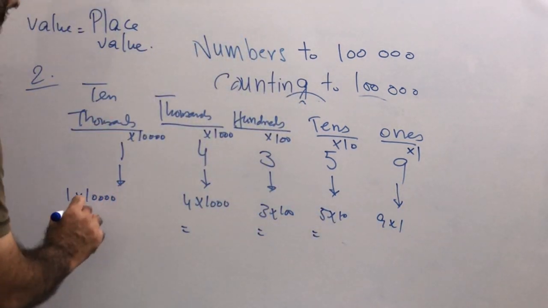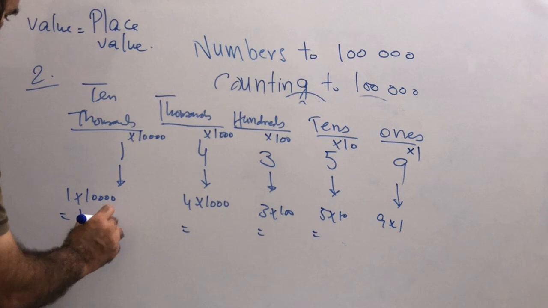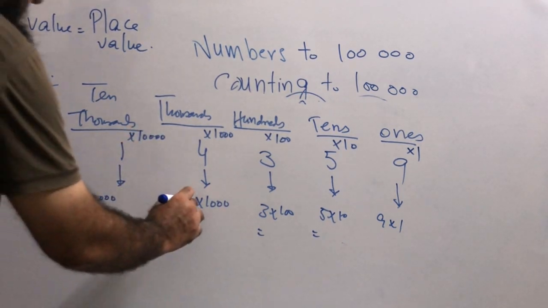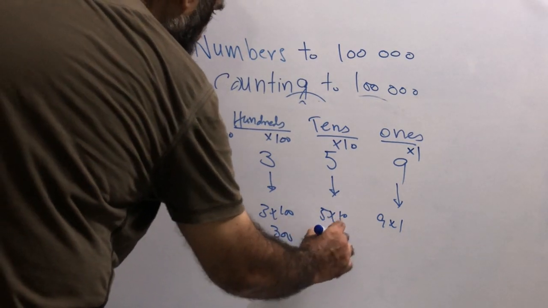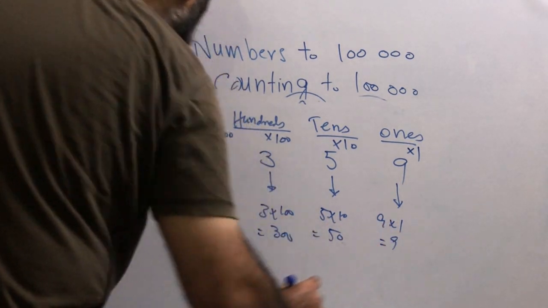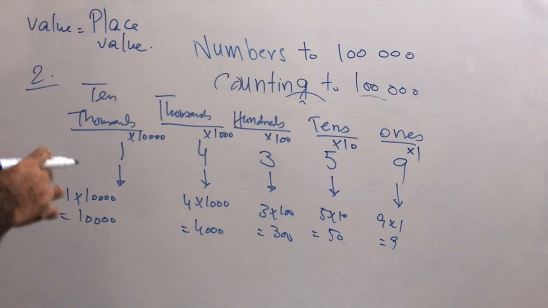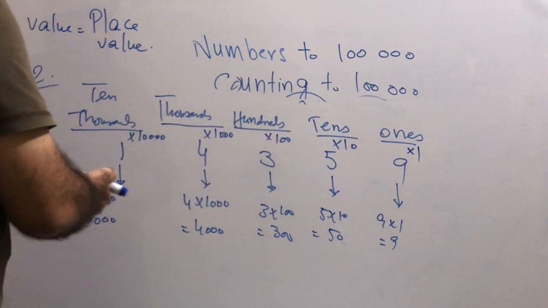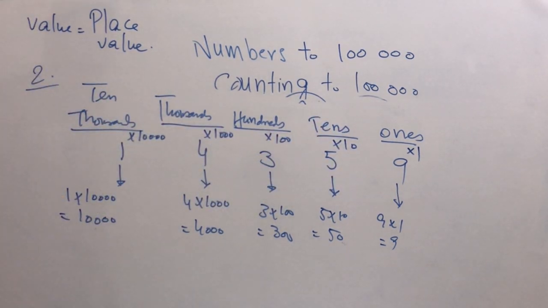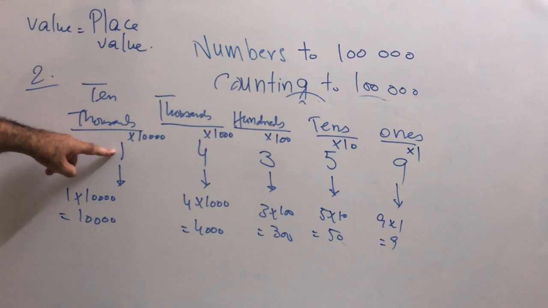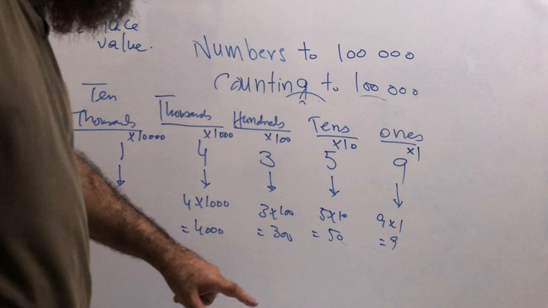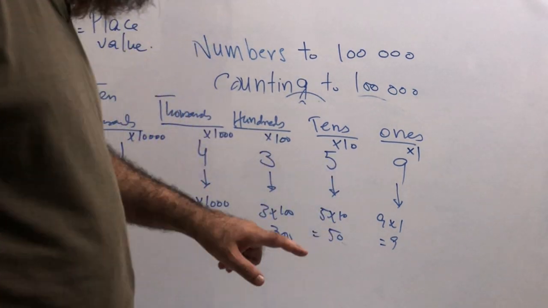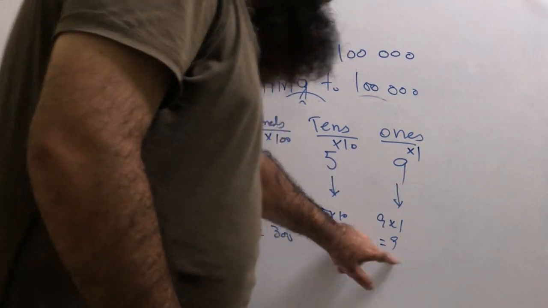So 1 into 10,000 is 10,000. Its value is 10,000. Its value is 4,000. Its value is 300. Its value is 50. Its value is 9. Okay, so we can write the place values. So if anyone asks, tell 1 has a place value of 10,000, 4 has a place value of 4,000, 3 has a place value of 300, 5 has a place value of 50, and 9 has a place value of 9.